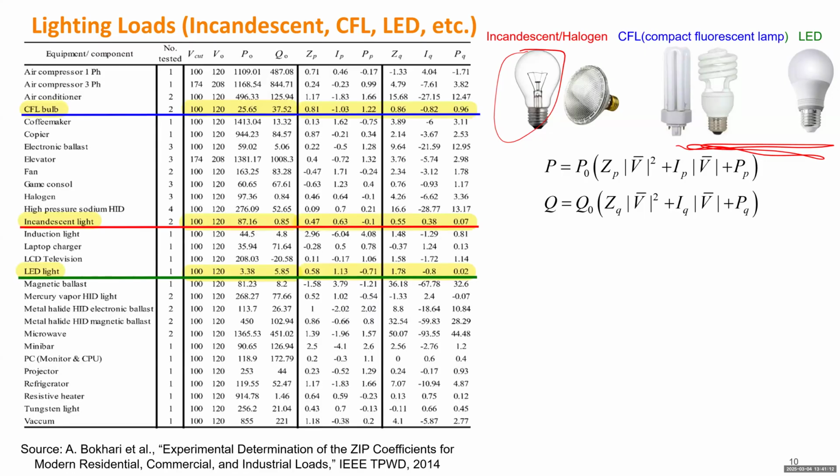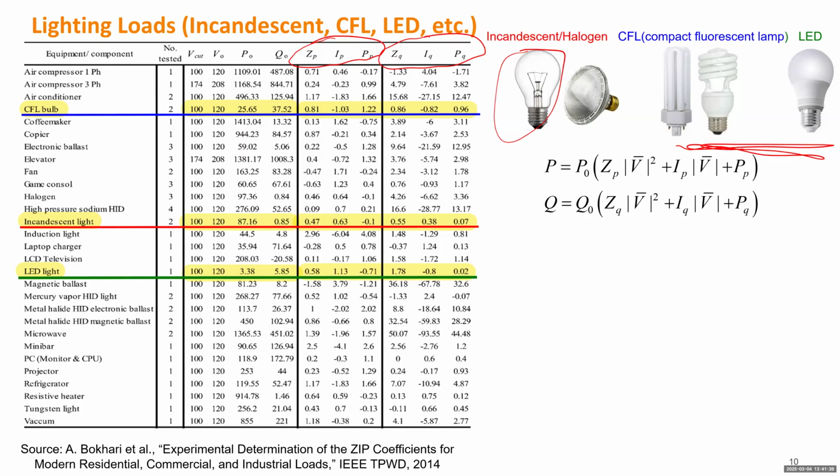I found this table from a reference, which just gives you some comparison of different types of loads. For this table, we can focus on those three types of lights to see the difference. This column gives you the three components of the active power, and those three components are also given for the reactive power.